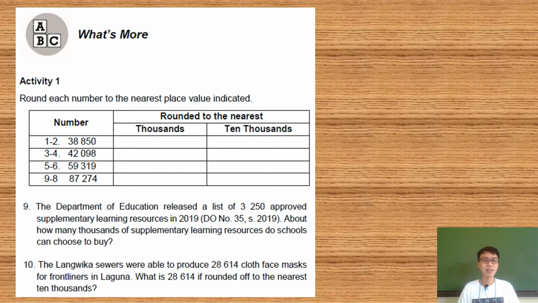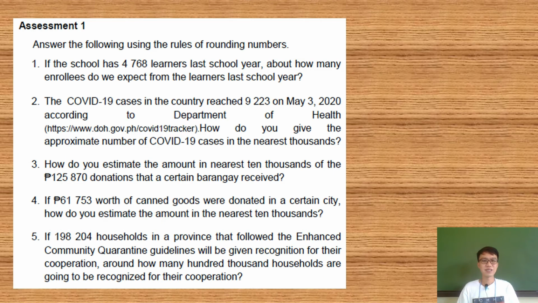And for number 10, the Langwika sewers were able to produce 28,614 cloth face masks for frontliners in Laguna. What is 28,614 if rounded off to the nearest 10,000s? For assessment 1, answer the following using the rules of rounding numbers.